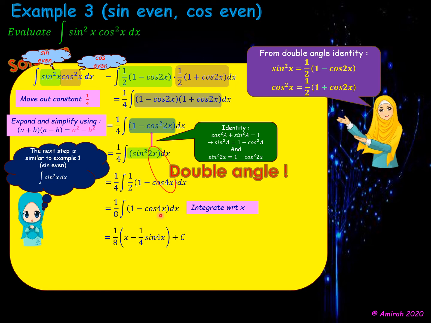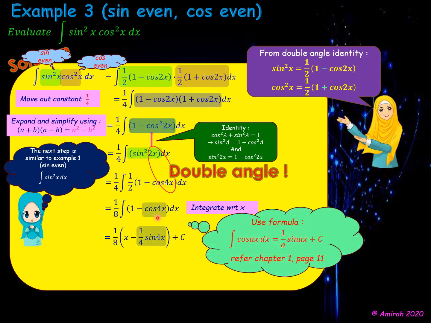And then we integrate cos 4x using the formula integration of cos ax dx equals 1 over a sine ax plus c. This formula you can refer to from chapter 1, page 11 in my handout. Okay.